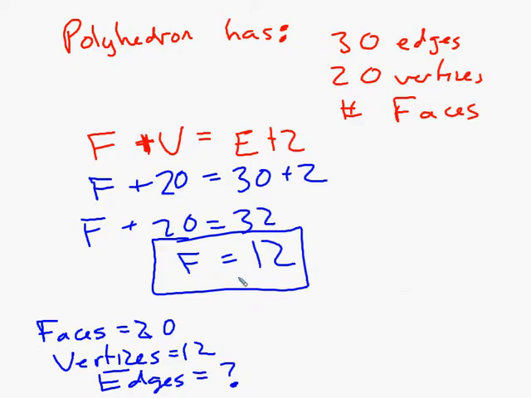Go ahead and figure that out. Okay, what do we get? 30. Okay, good. Any questions on how to get 30 for the number of edges? Nope. Anyone need to see it? Going once, twice.